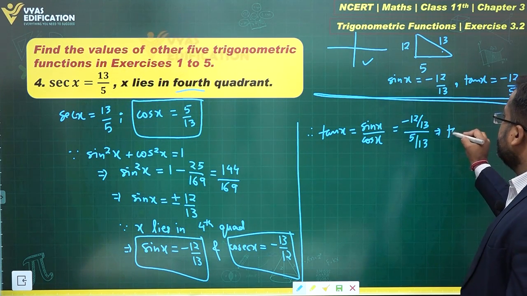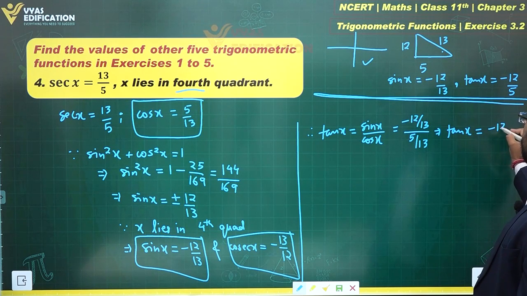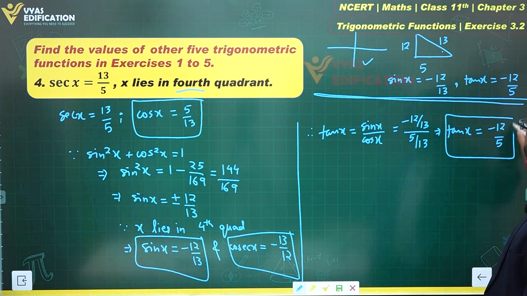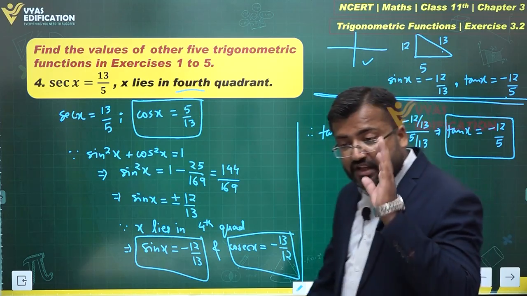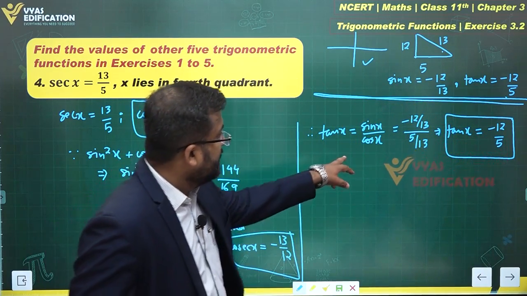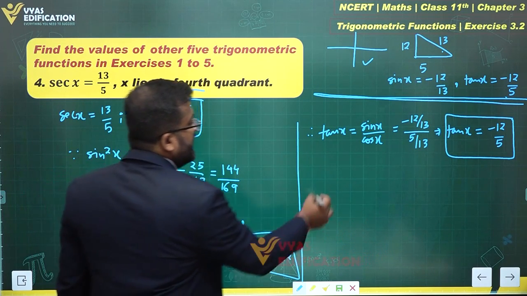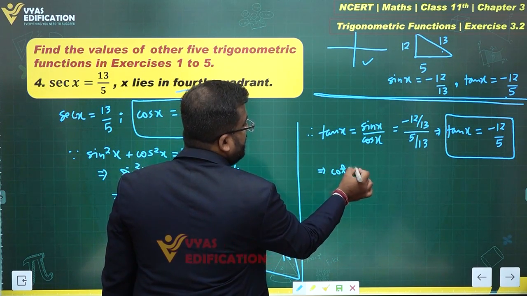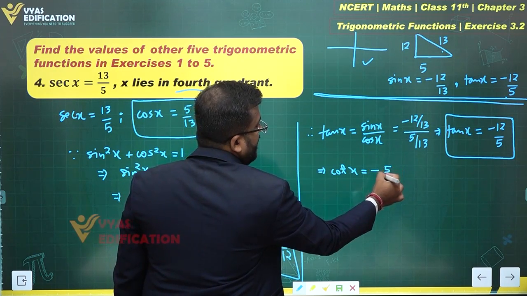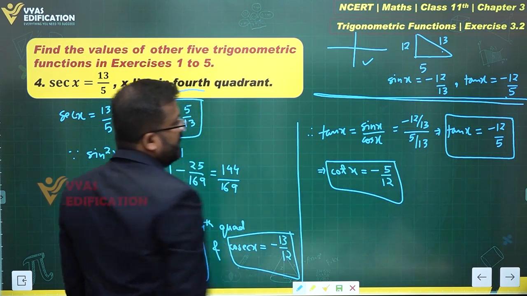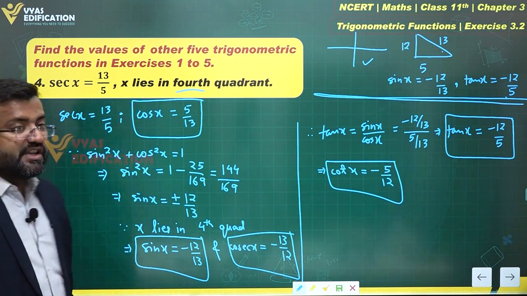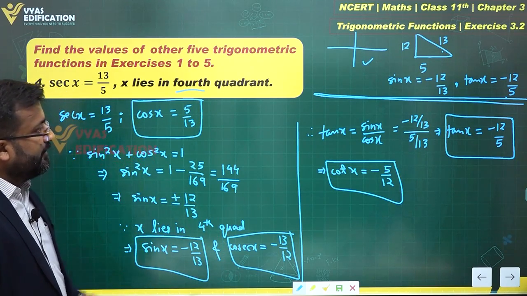This gives tan x equals minus 12 by 5. We found minus 12 by 5 before also, but that was another method; this is solving analytically. Cot x, the reciprocal of tan x, is minus 5 by 12. Those are the other 5 trigonometric ratios.